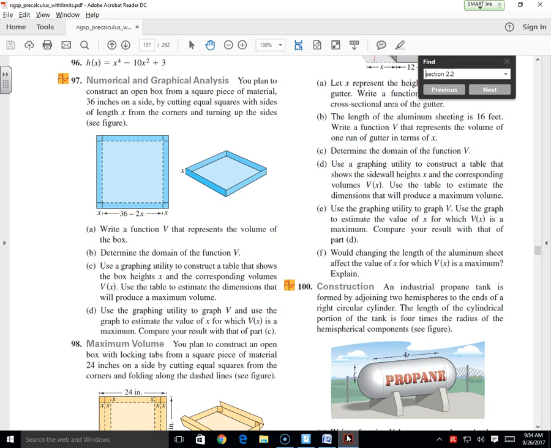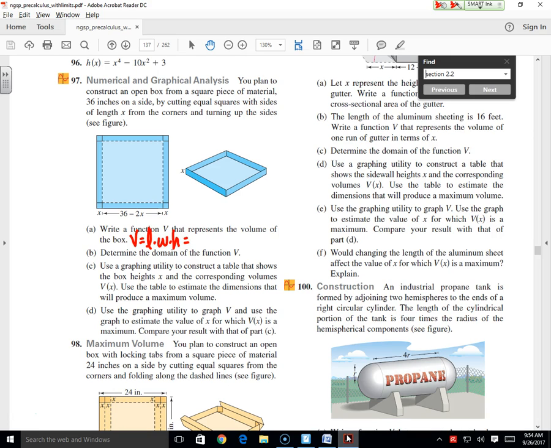Okay. Write V. What's the volume of a rectangular solid? Length times width times height. Sounds good. So length times width times height is what V normally equals. This is a square piece, right?